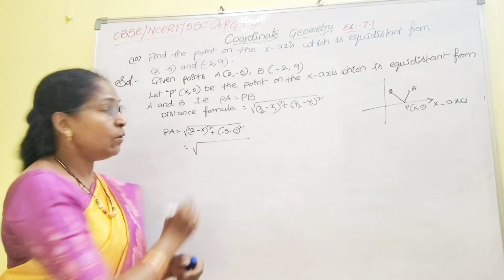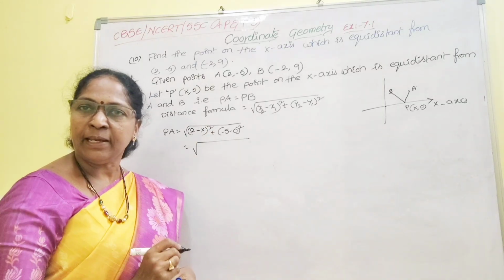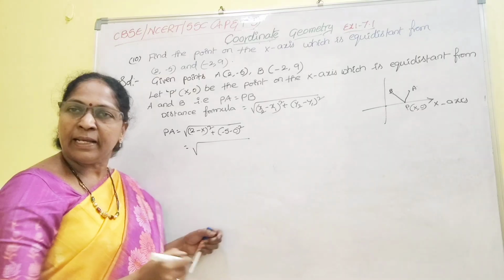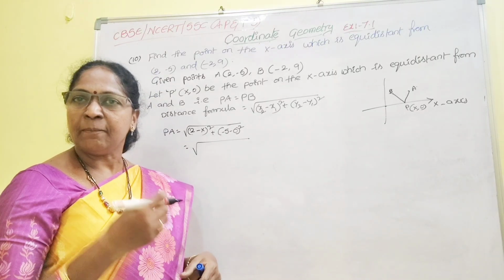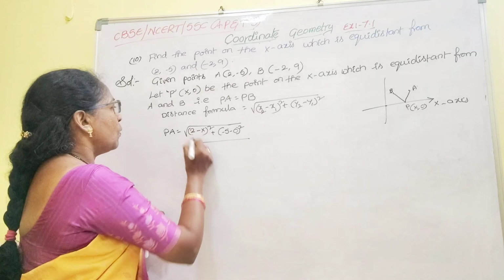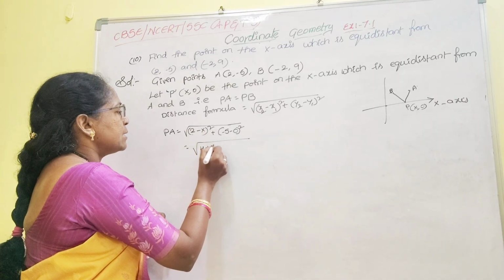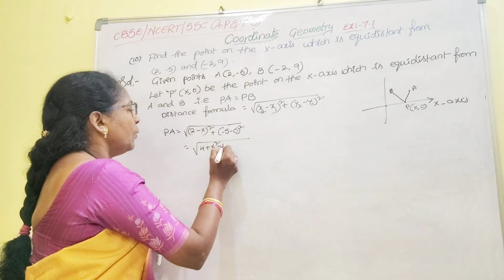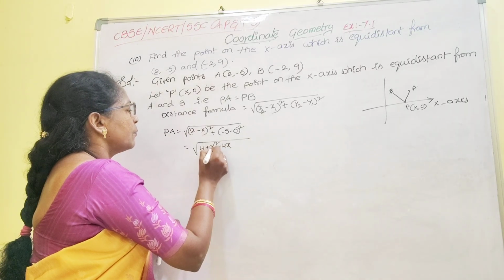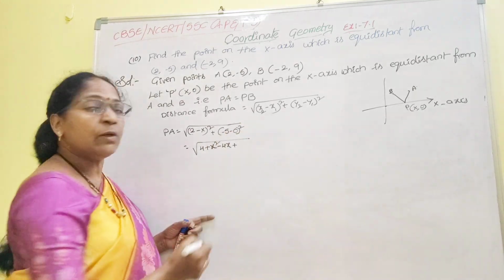That equals (2 minus x) whole square, which is in the form of (A minus B) whole square. The formula is A square minus 2AB plus B square. So 2 square is 4, plus x square, minus 2 into 2 into x, which is 4x, plus (minus 5) whole square.